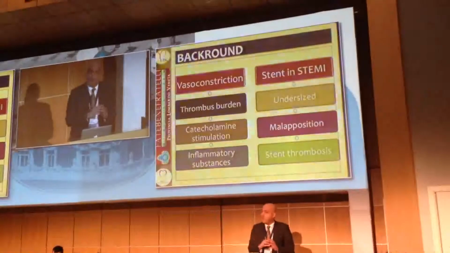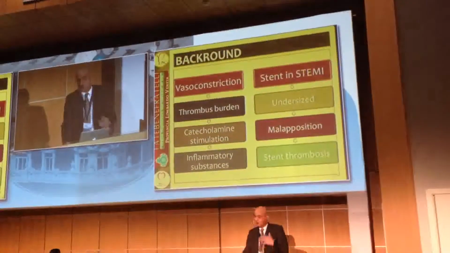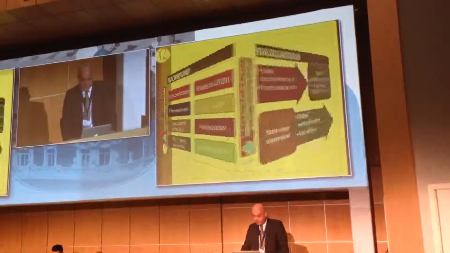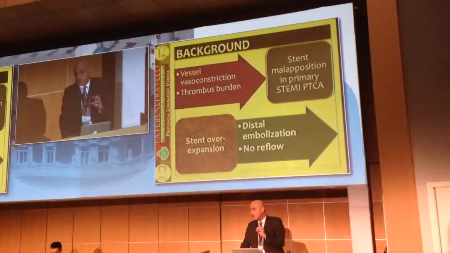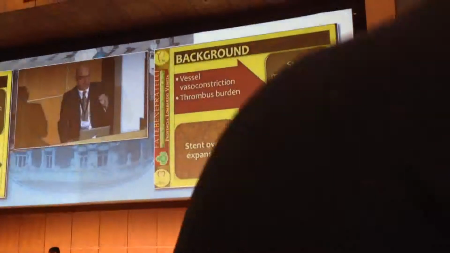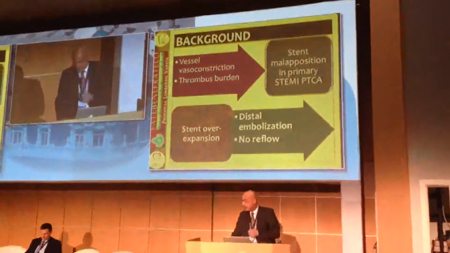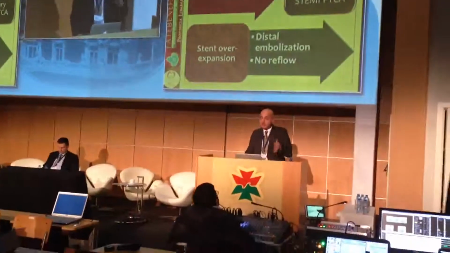I'm talking about a vessel, not a bifurcation, during infarctions: undersized or malpositioned stents can lead to stent thrombosis. Vessel constriction and thrombus burden can cause a wrong choice of stent diameter, and this can lead to malposition.